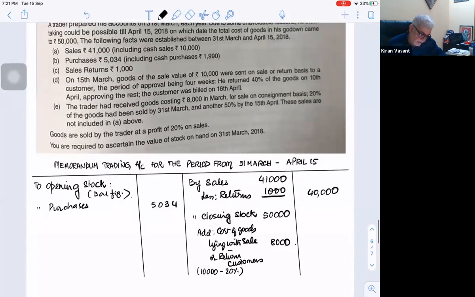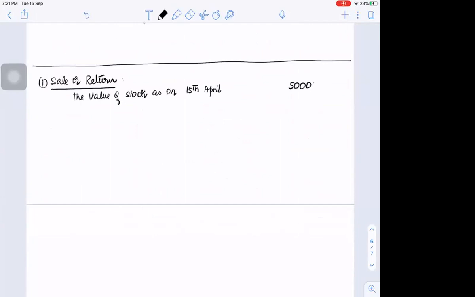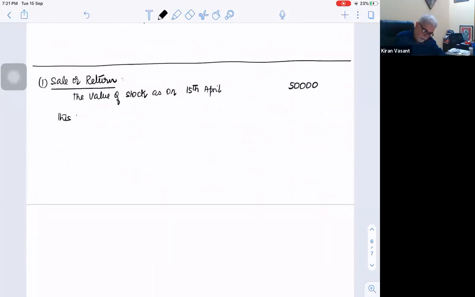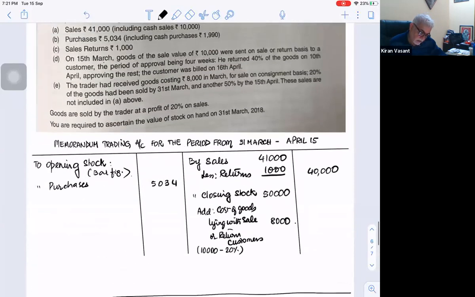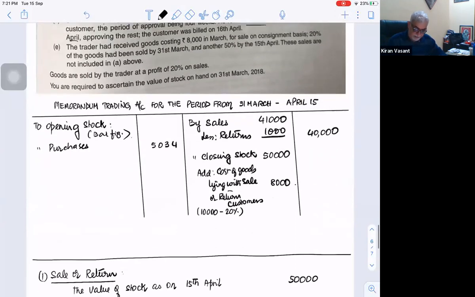Value of stock as on 15th April. This includes the customer returned 40% on 10th April, but 60% came only on 16th April and the valuation took place on 15th April.